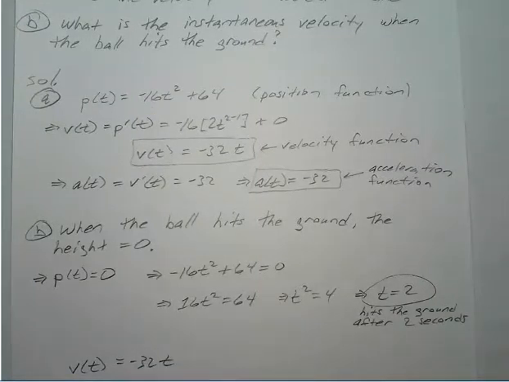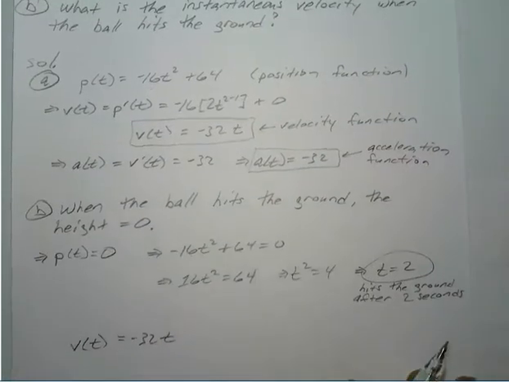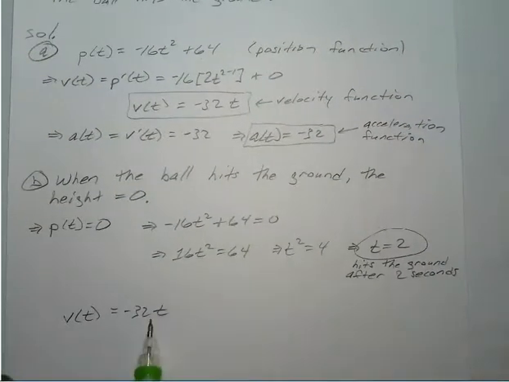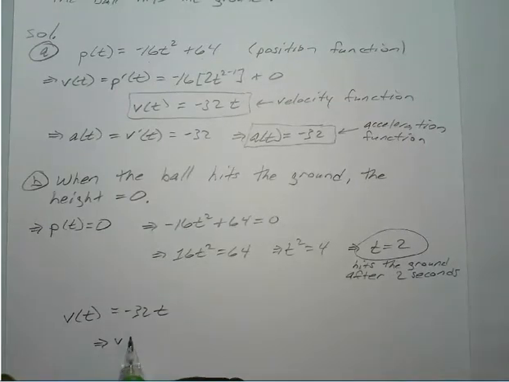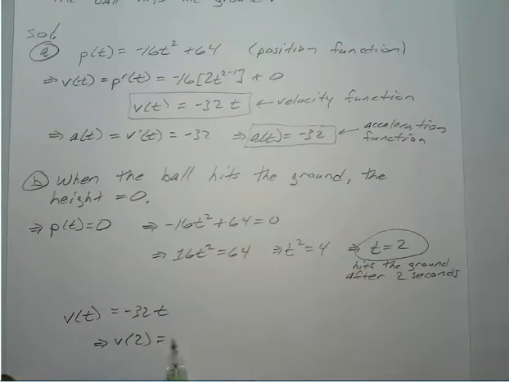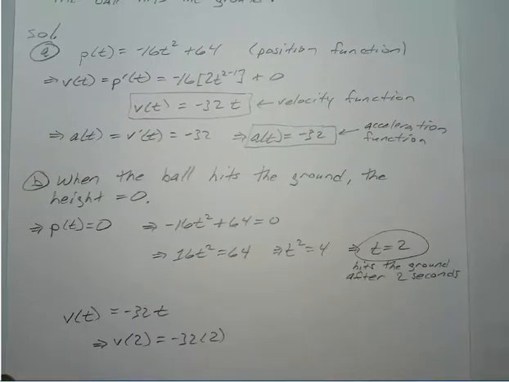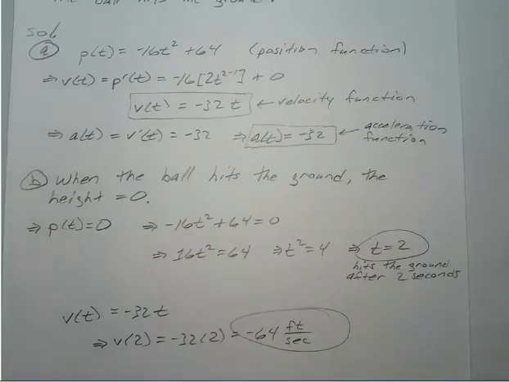That's our velocity function. So to find the velocity after 2 seconds, v of 2 is negative 32 times 2, which equals negative 64 feet per second. Okay, so that's the velocity when it hits the ground. The instant it hits the ground, that's its velocity.